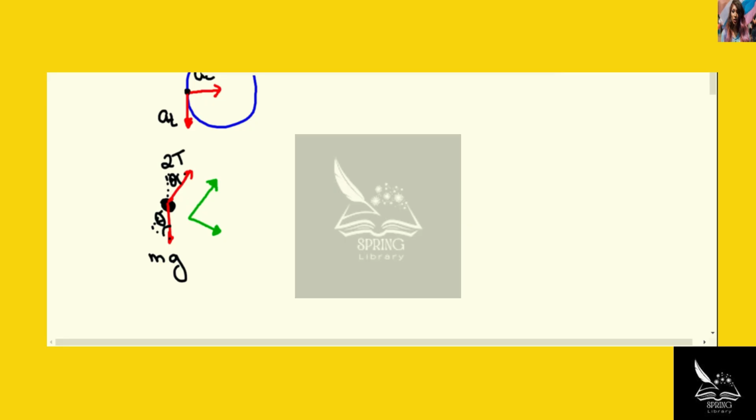So in the centripetal direction, which I'm going to call R, we have 2t minus mg times the sine of theta, and this is equal to m times the centripetal acceleration, which is v squared over r.